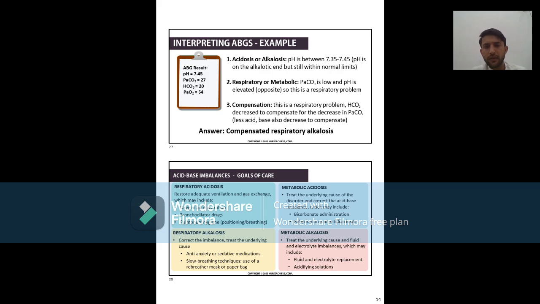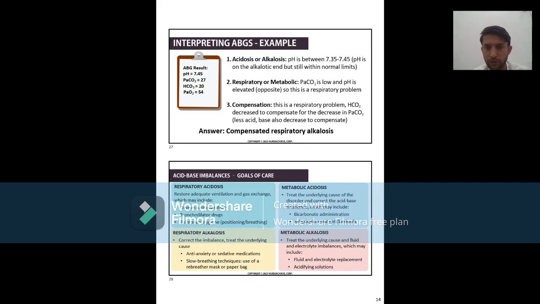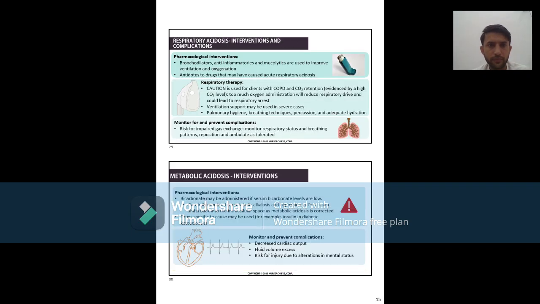In metabolic alkalosis, treat the underlying cause and the fluid and electrolyte imbalance, which may include fluid and electrolyte replacement, such as potassium, calcium, and an acidifying solution. We give it to the patient to acidify the solution.